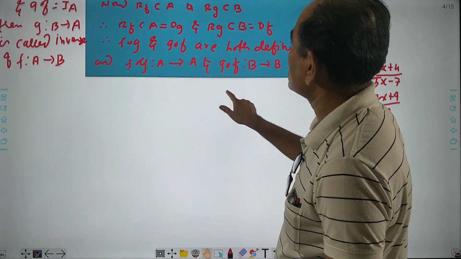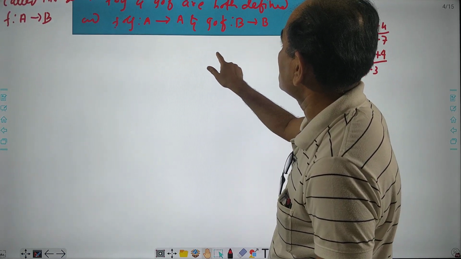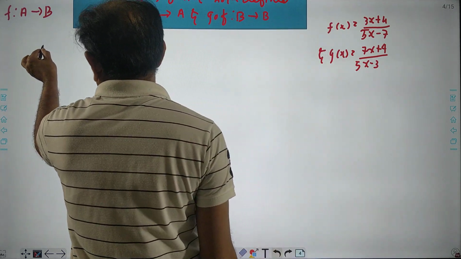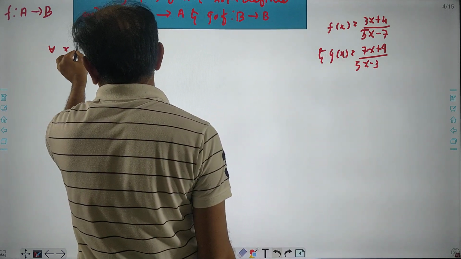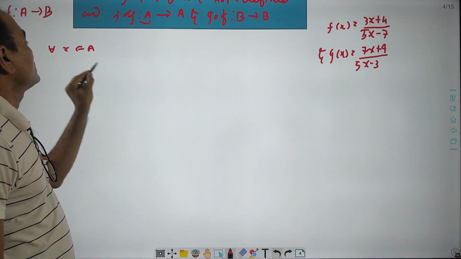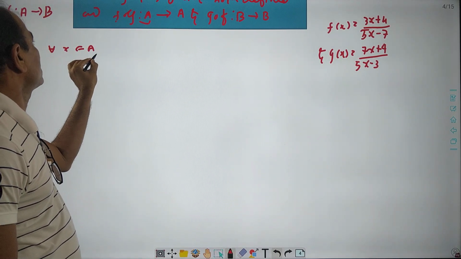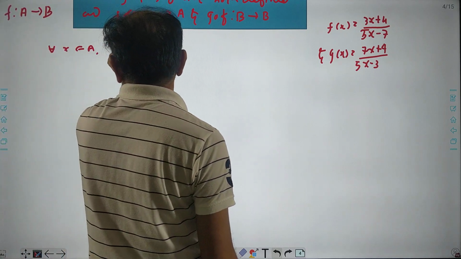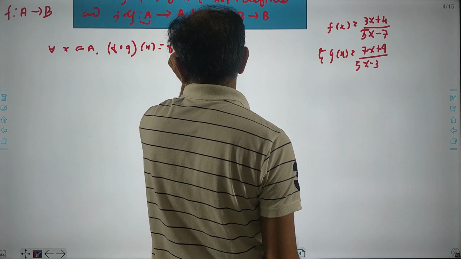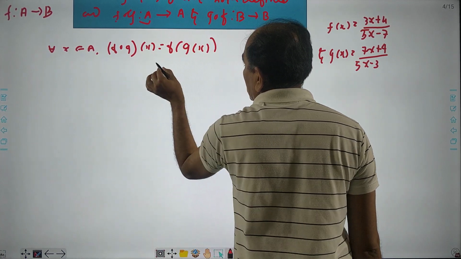Now our aim is to see f∘g for all x belongs to A. Why? Domain of f∘g is A, so we have to start with all elements belonging to A. f∘g(x) is equal to f(g(x)).